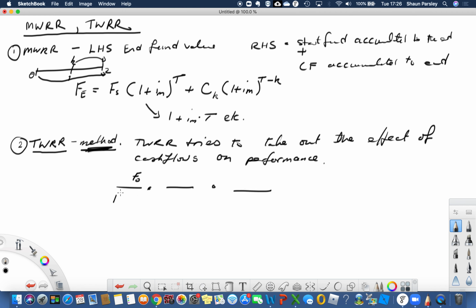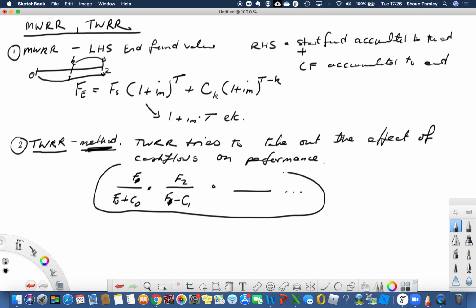So I say F1 there, F0 there, plus a cash flow at time 0, and then F2 over F1 minus a cash flow at time 1, and so on. The problem is it's difficult to come up with a general formula which doesn't look ridiculous in terms of notation and summations, and even depending on what the cash flows are doing and when they're measured, you have to think about that as well. So that's the cause of some of your angst.